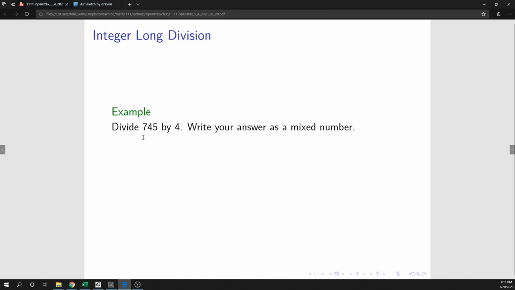Suppose we want to divide 745 by 4, and then we want to write our answer as a mixed number. The first thing that we would do is set up our division like so, and then write this down so we can work it out.